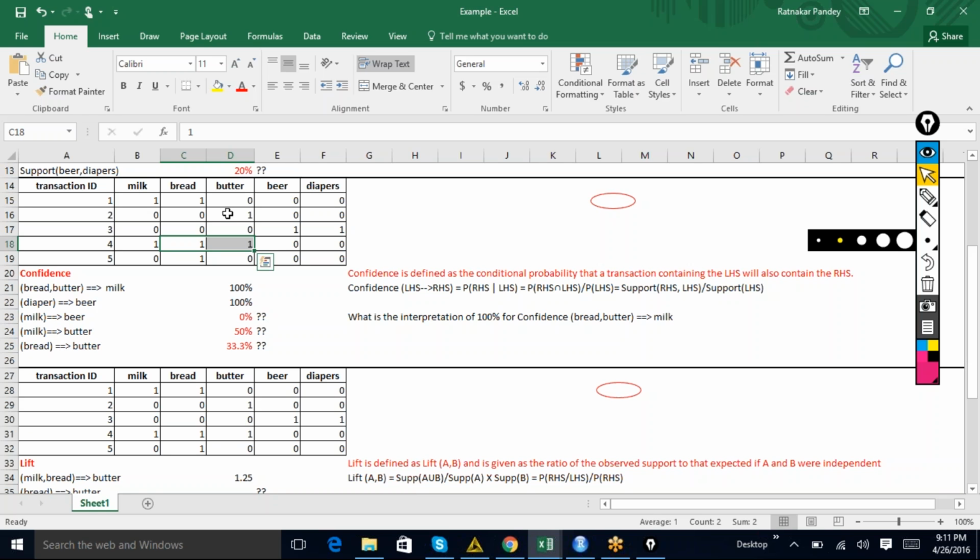Bread has been bought three times. So that makes it 3 divided by 5, right? So if you look at the math, that's 1 by 5 divided by 3 by 5, and that's how you get the 33.3%. Is everybody clear on support and confidence so far? Or any questions? I'll be more than happy to spend some time.